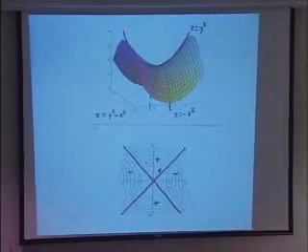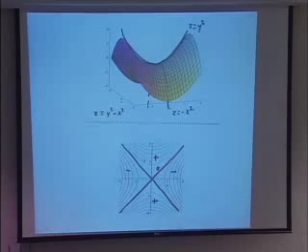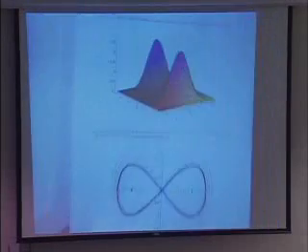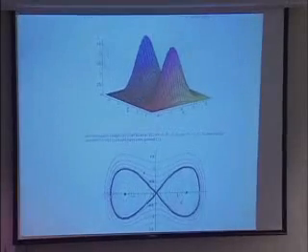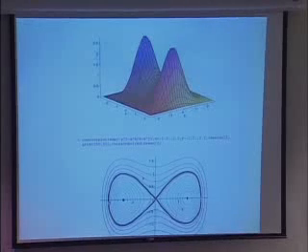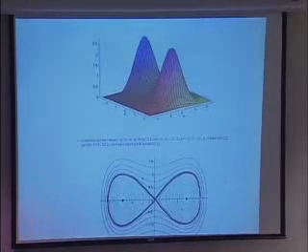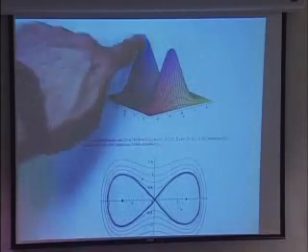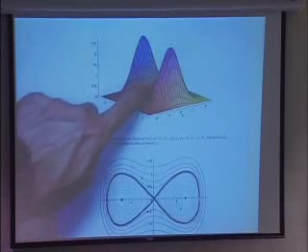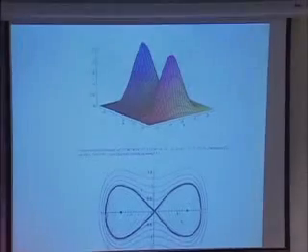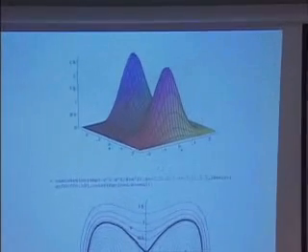And of course, if you have a real function, then it will be more complicated. It will have several critical points. So in this example here, you see on the plot that there's two maxima, and in the middle between them, there's a saddle point.